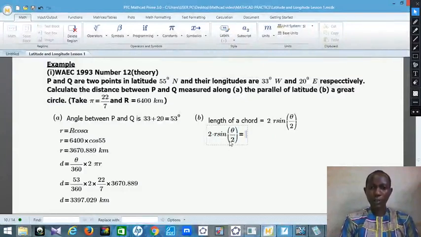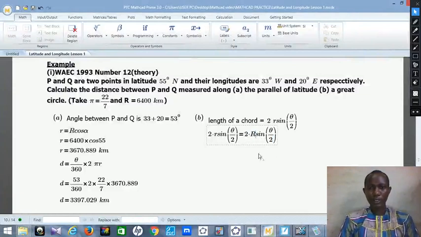This is equal to 2R sine theta over 2, but the radius we use here is capital R. This is the length of chord for the great circle and for the small circle. They are equal since both of them share the same chord.